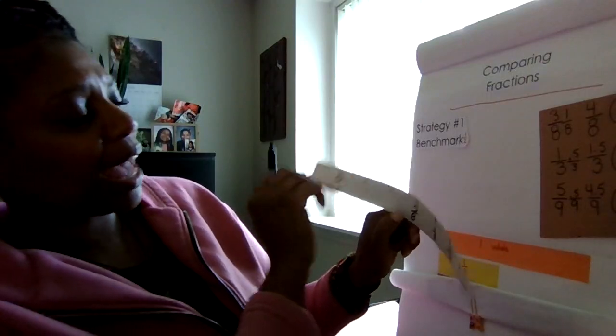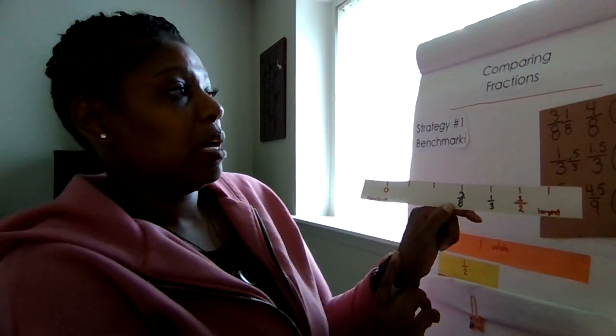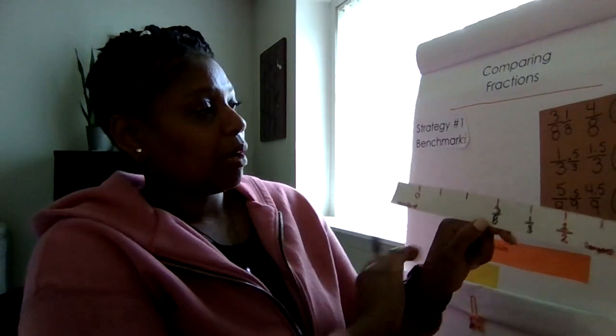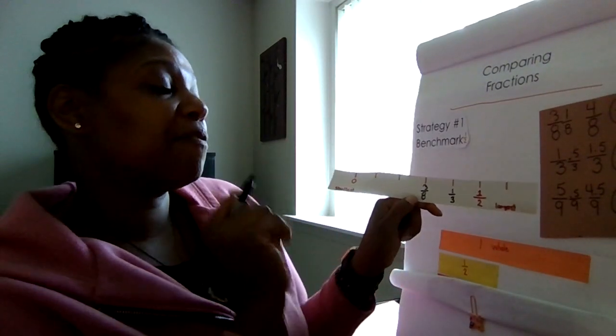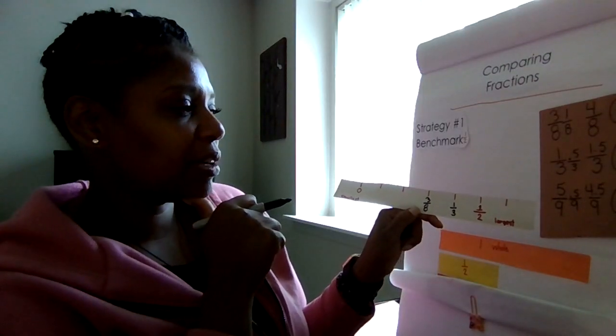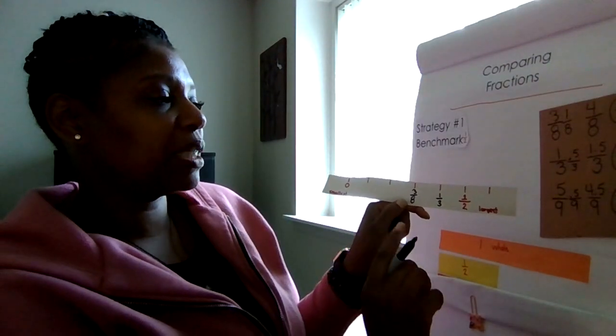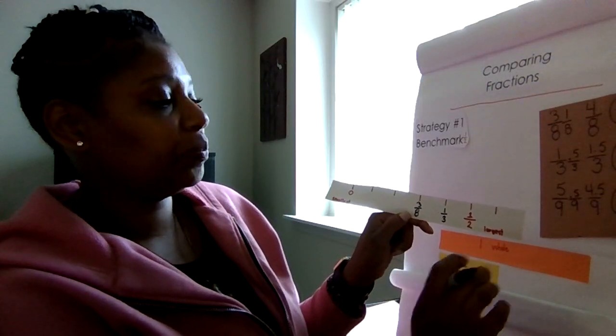We have our 3/8 here, which we said was 1 from our 1/2. And then we have our 1/3, we said is 0.5 away from that 1/2. And now we have 5/9, which we said is 0.5 more than a half.